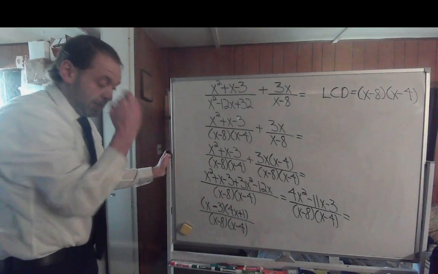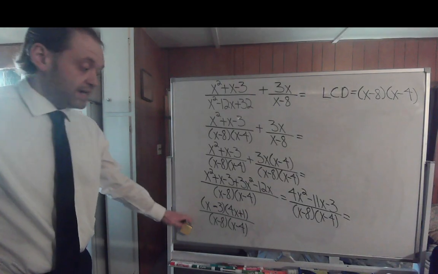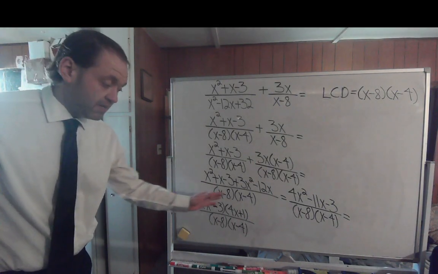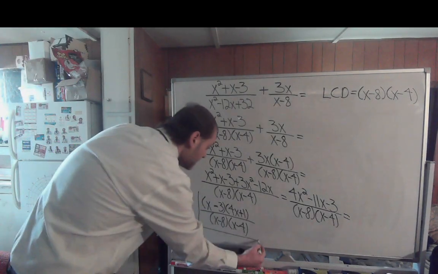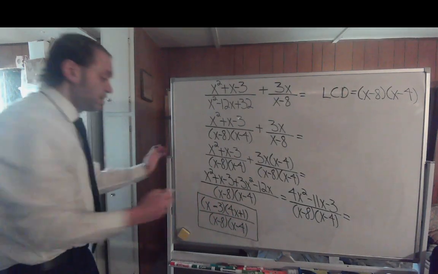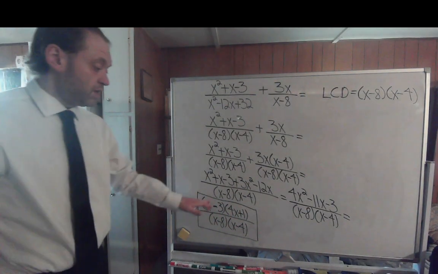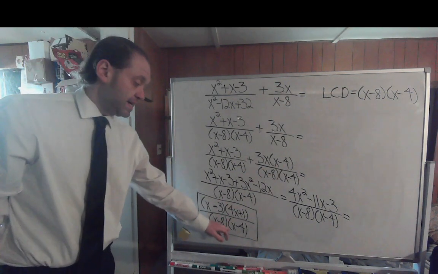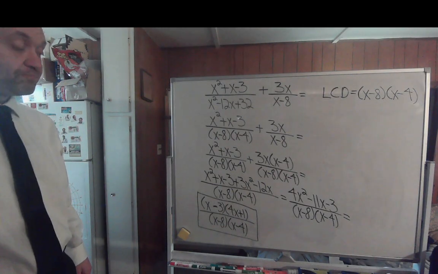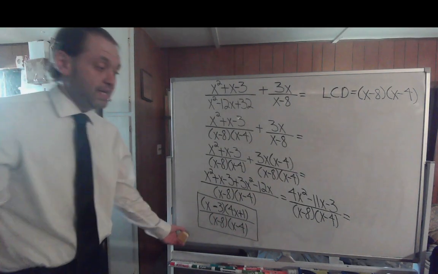Well, it turns out you can factor the numerator, but nothing cancels out with the denominator. So really, this is the best we can get. You would end up getting (x minus 3) quantity times (4x plus 1) all over (x minus 8) times (x minus 4). And that would be the best you could get.